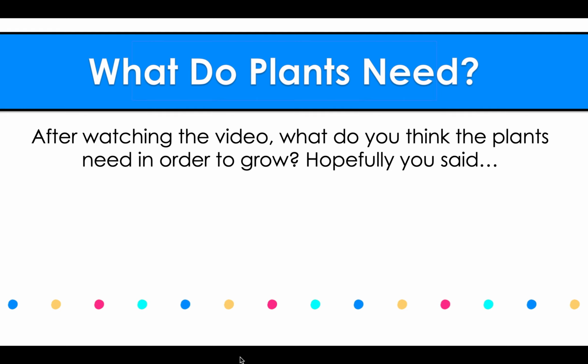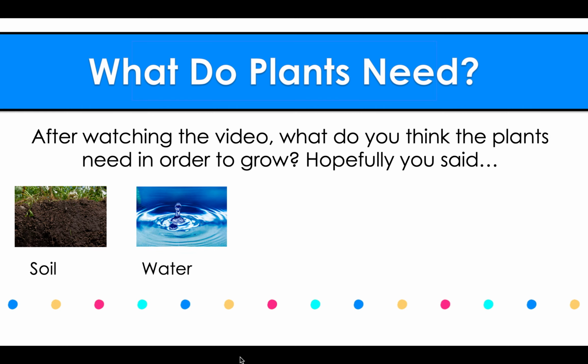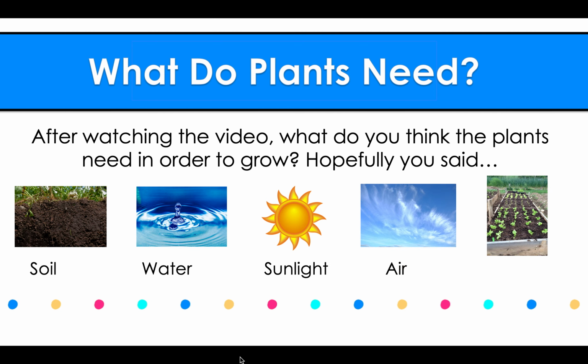So hopefully you said soil was one, water is another, sunlight, air, and finally space. These are the 5 things that we're going to focus on today that plants need in order to survive. They need soil, water, sunlight, air, and space.